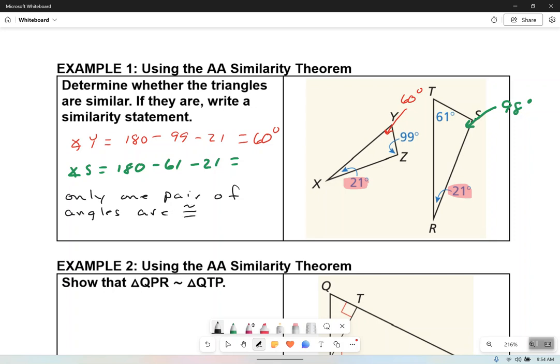We need at least how many? Only one pair of angles are congruent, so I would say the two triangles are not similar. Does that make sense to you guys?